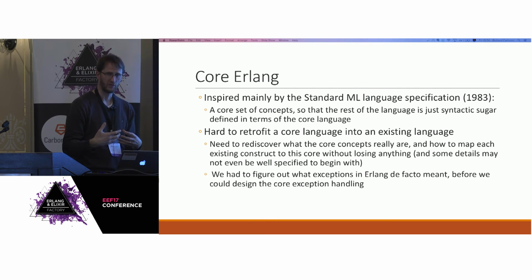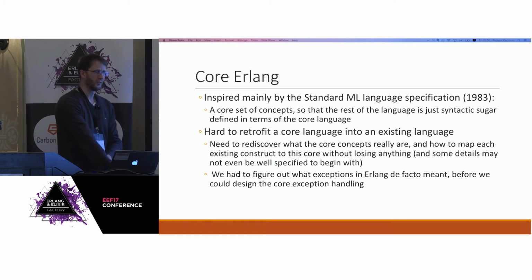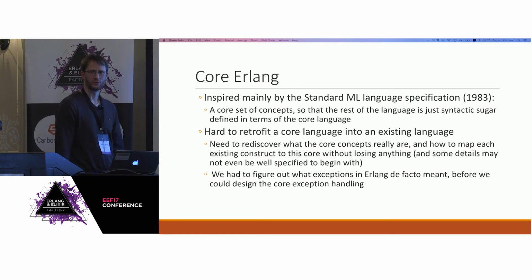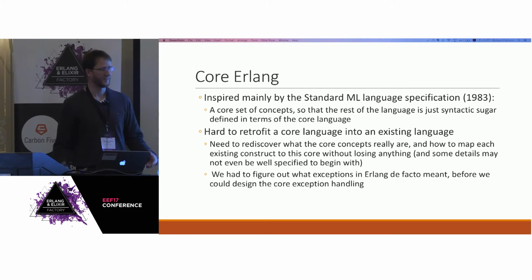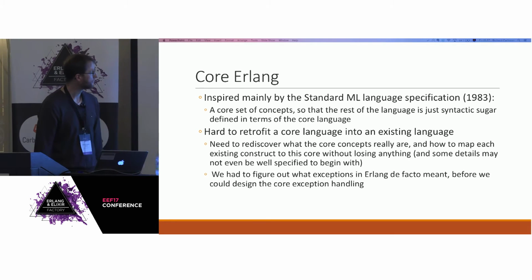You specify what it means, and then you use this bare minimum to specify what the rest of the language means, because that's just sugar on top. If you've done this planning ahead, so that you started out with a core language and used that to define the rest of your language, you're safe. But if you have to retrofit the core language into an existing language, then you have some work to do. And that's what we did.